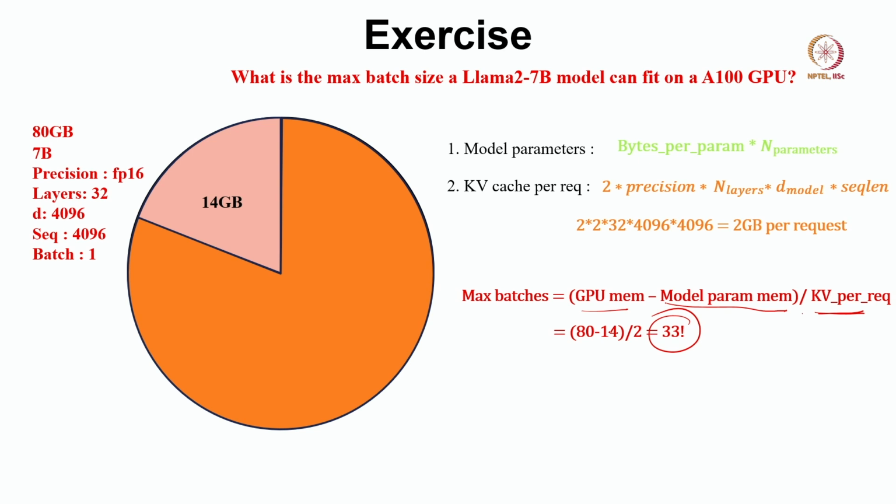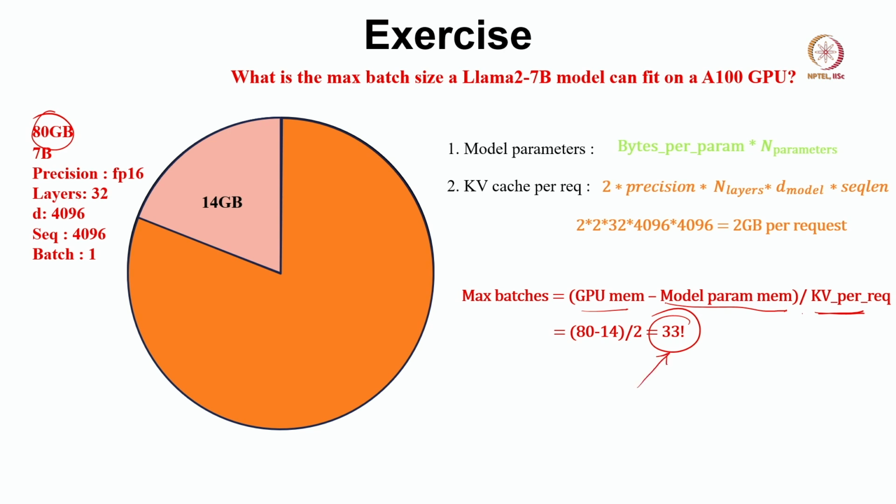Now one very important thing to note here is that the A100 is a state of the art GPU with 80 GB of memory. 80 GB is a lot, right? Yet that state of the art GPU with a huge amount of memory can only sustain 33 requests. Why?